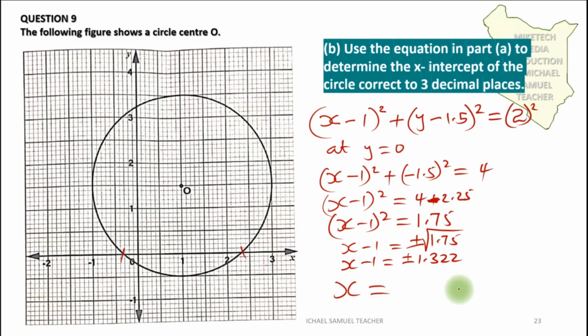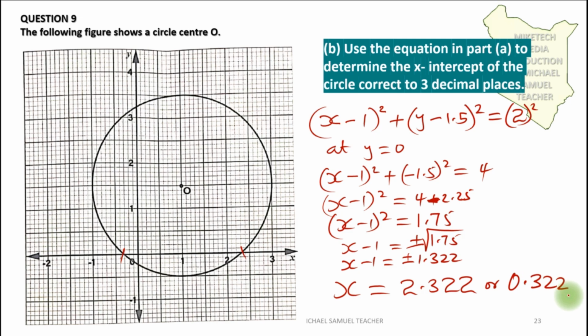Therefore x will be equal to minus 1 plus 1.322, so that is 0.322. The other value will be minus 1 minus 1.322, which gives 2.322.